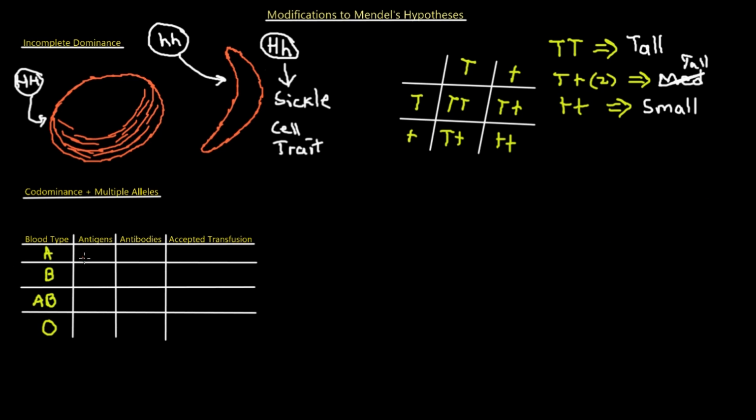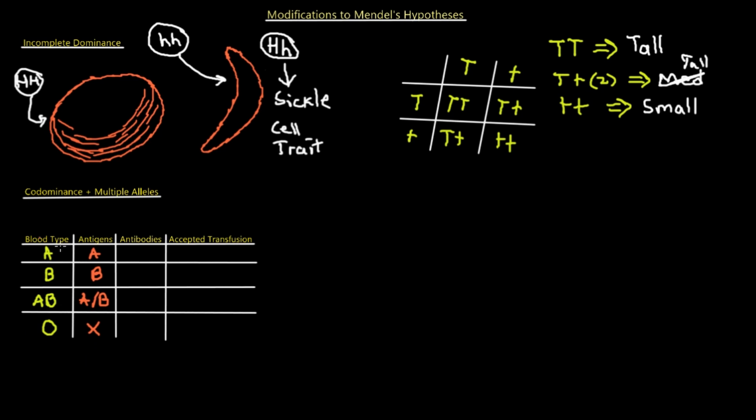So we could label these as blood type A. The A will be the antigen for blood type A. B will be the antigen for blood type B. Then AB will have both A and B, and O will have none, so we'll have nothing there.